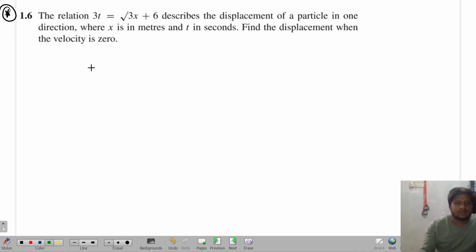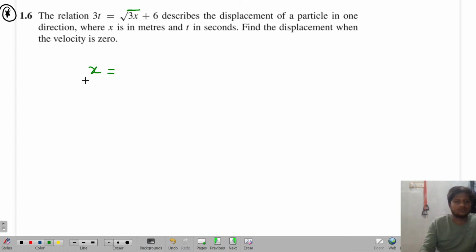Then x is equal to 3t minus 6 divided by root 3. Yes or no? I think one thing is missing. You consider this to be root 3x, not just 3x.